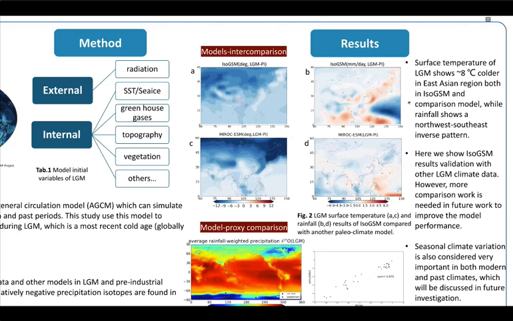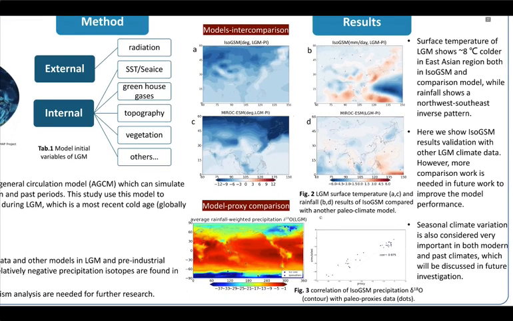And we compared our results to another model result, like MIROC here. You can also see a similar pattern in this model. And also we compared our isotope results in LGM to the proxy data, like the ice core and the speleothem here.